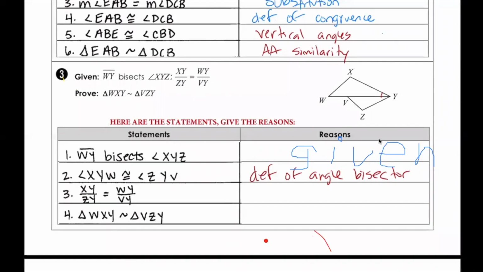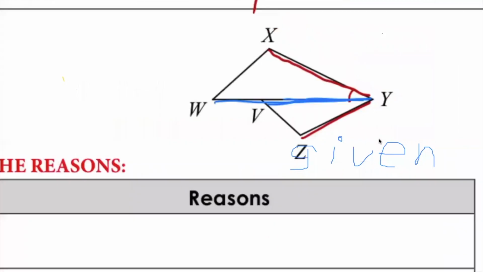Okay, and so now XY over ZY is equal to YW over VY, I'm sorry, over VY. Why can we say that? It's also given. Very good.